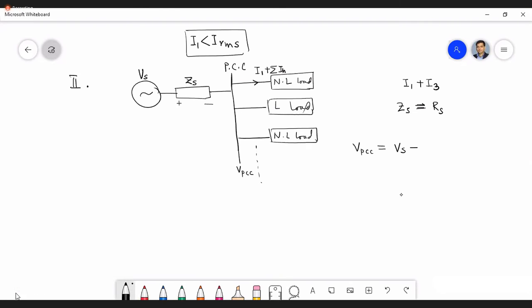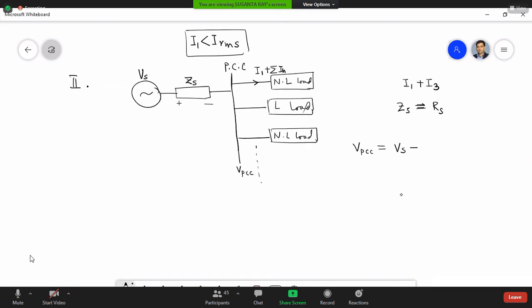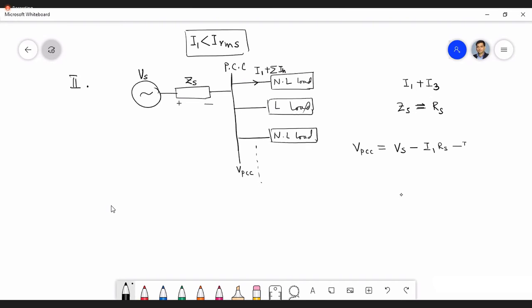Say, what will it be? Suppose I have only one load. The drop is I1 RS plus the harmonic current I3 into RS. Only two components I have considered. Clear? So if I can calculate these values, then I can find out the VPCC.